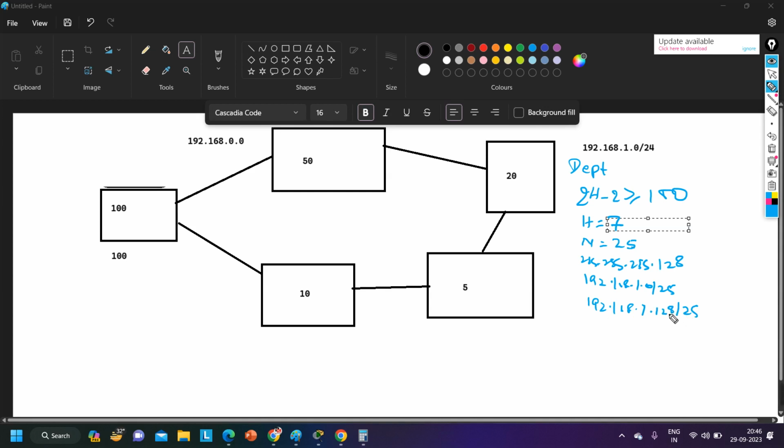No, because we need 50 only, right? This is the first network and this is the second network.